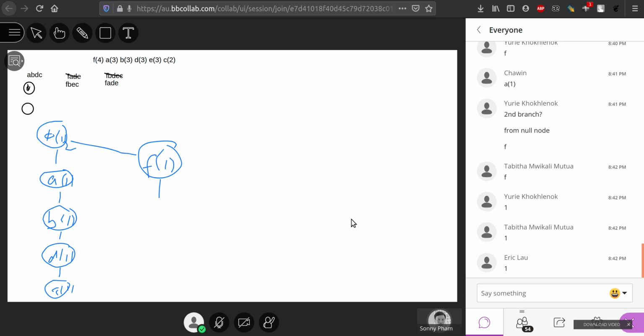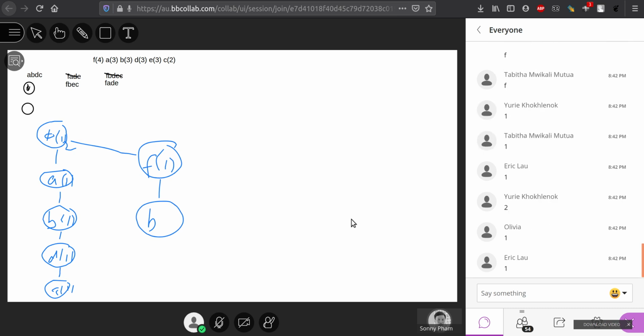And then we create another one here, which is B, and now is it 1 or 2? Some say 2, some say 1. We have observed B twice. Yeah, Olivia, correct.